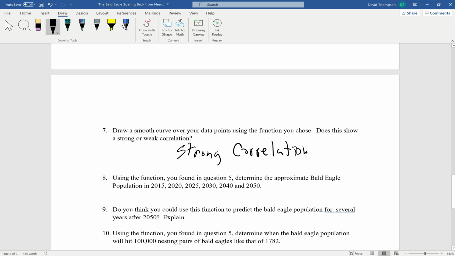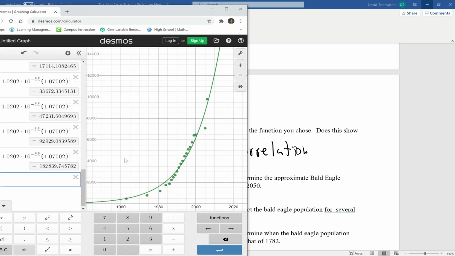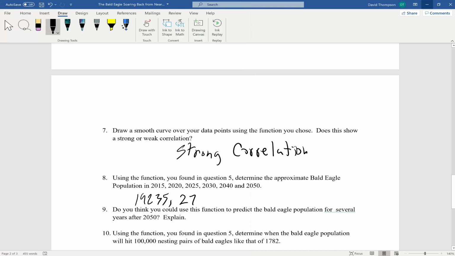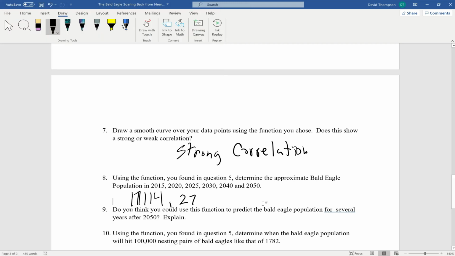So let's just write these down in our notes, in order. First we have 17,114. Then we have 24,005.